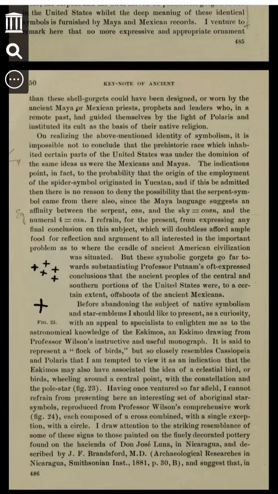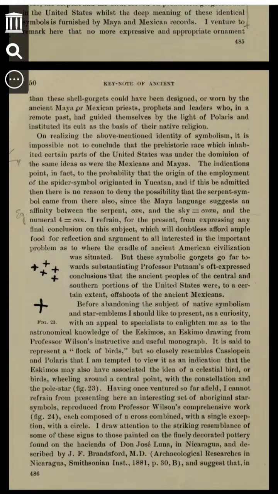I draw attention to the striking resemblance of some of these signs to those painted on the finely decorated pottery found on the Hacienda of Don Jose Lona in Nicaragua and described by J.F. Bransford, MD, Archaeological Researches in Nicaragua, Smithsonian Institution, 1888.